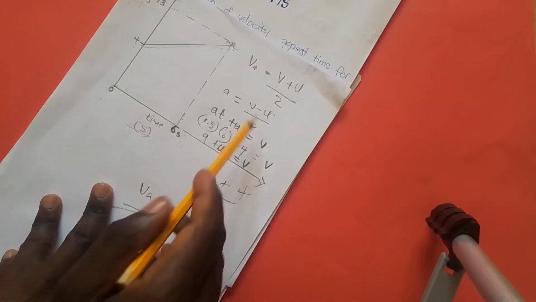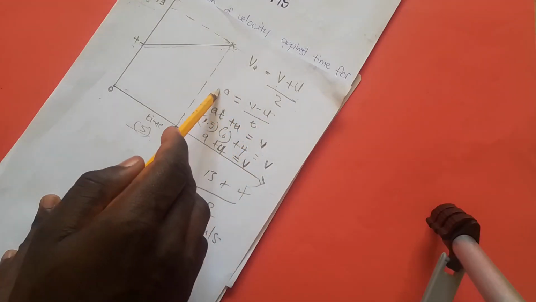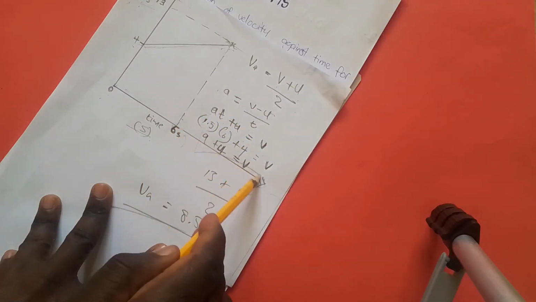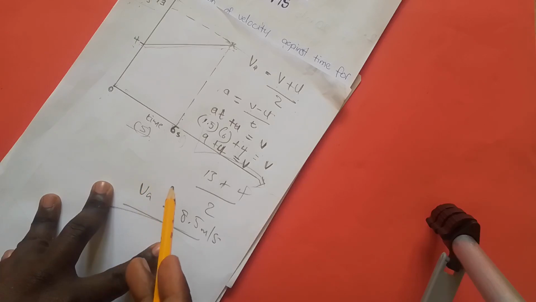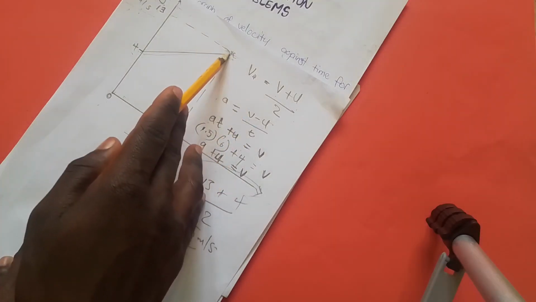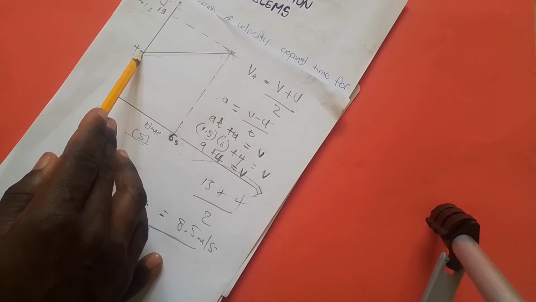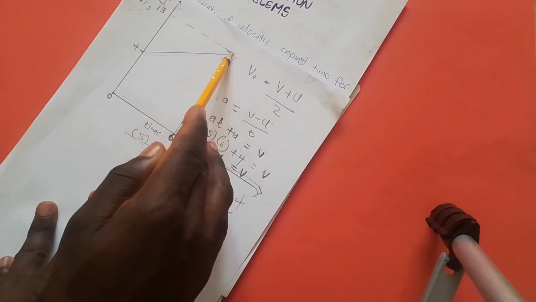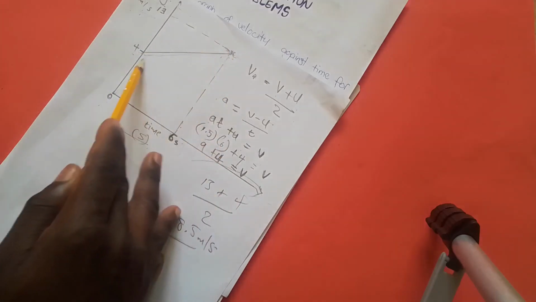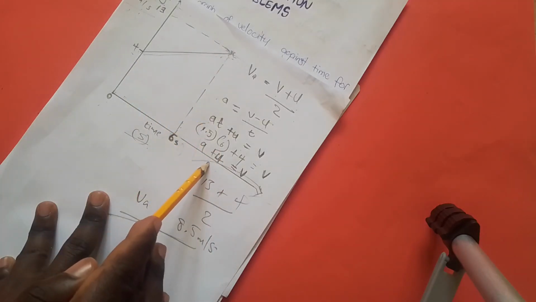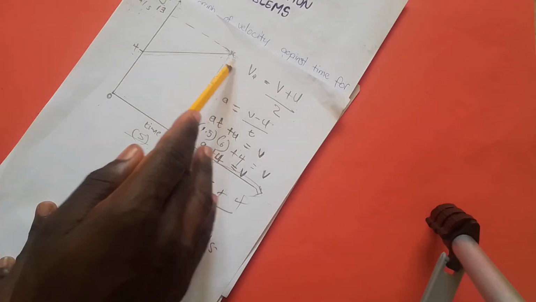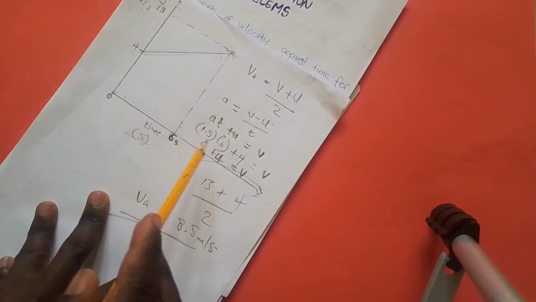So up to this point we were calculating the final velocity at the top of the graph, that the body, accelerating for 6 seconds, reaches at the top. So we've calculated that. Then we found that the final velocity at the top of the graph is equal to 13 meters per second.